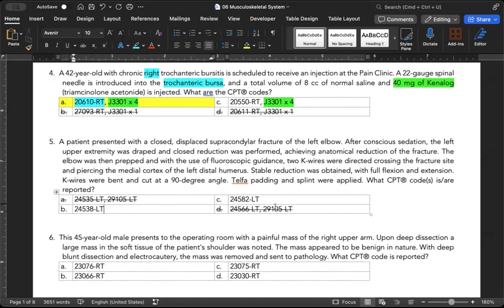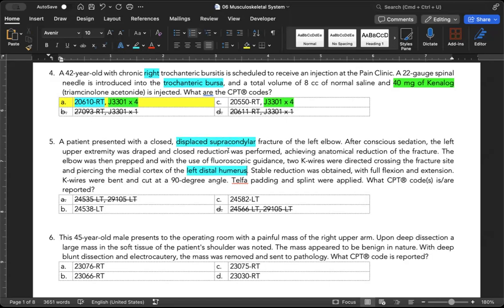So 24538 includes the supracondylar or transcondylar humeral fracture, right? So we have the displaced supracondylar. And then on the left distal humerus. Whereas 24582 is only a humeral condylar, not supracondylar.